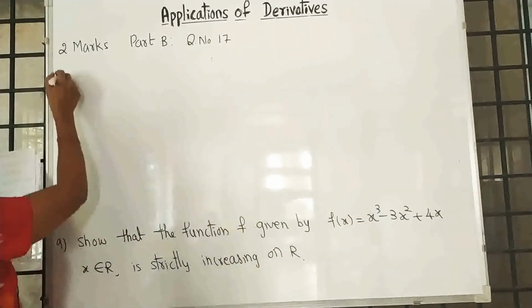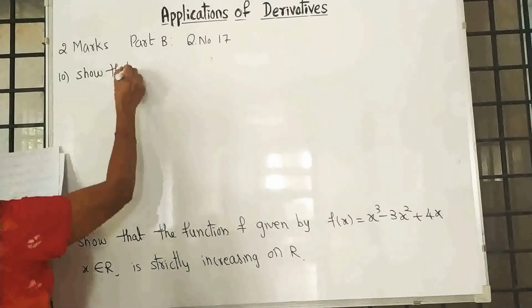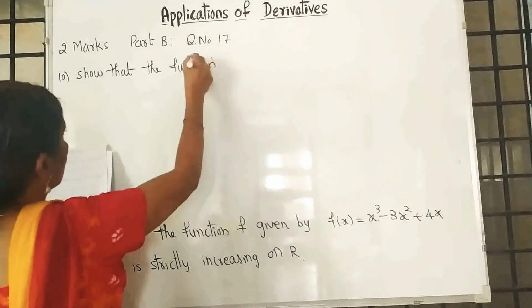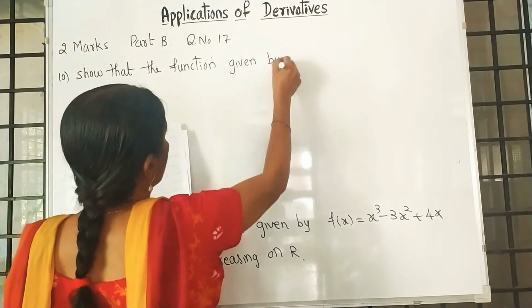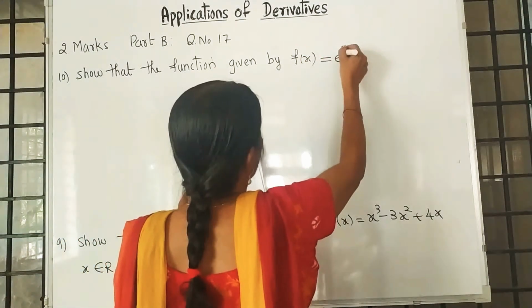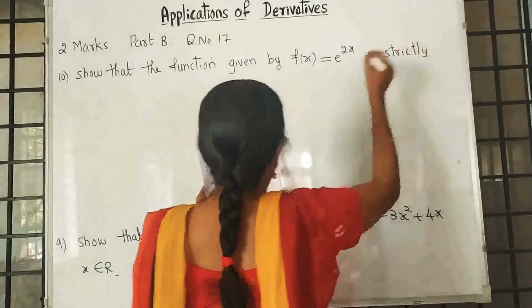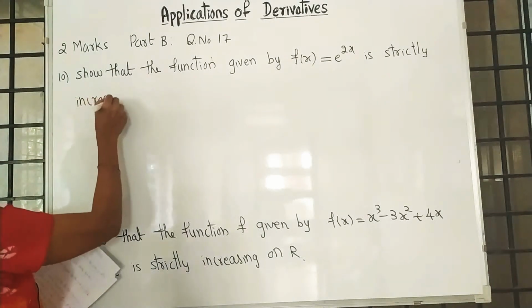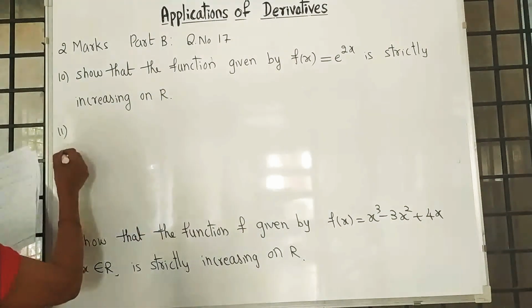Show that the function given by f of x is equal to e raised to 2x is strictly increasing on R. Eleventh one.